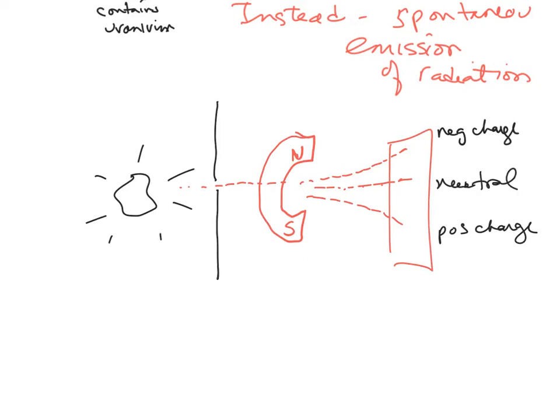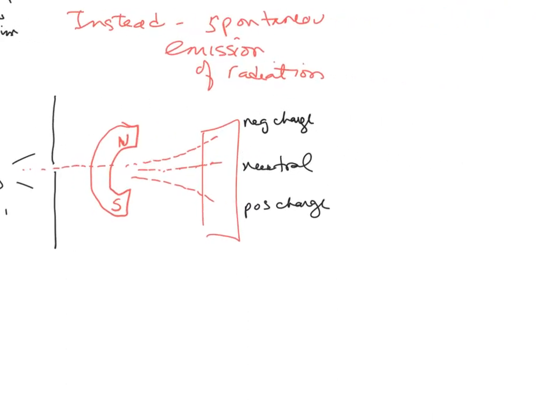He gave them names: alpha, beta, and gamma. Alpha is the symbol for the positively charged particles. There is a stream of particles that were hitting these plates. The negatively charged one is called beta, and the neutral is gamma. So alpha, beta, gamma.